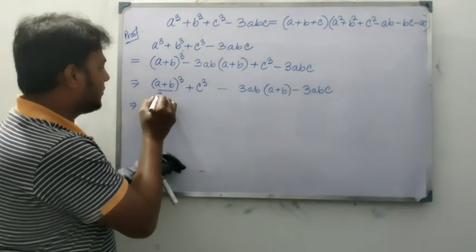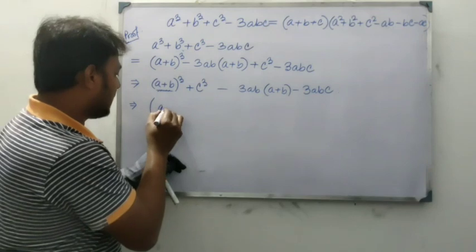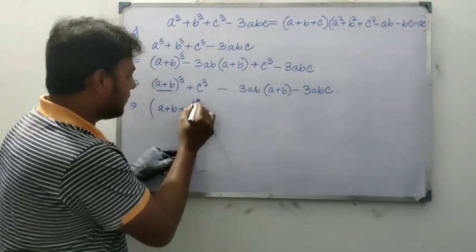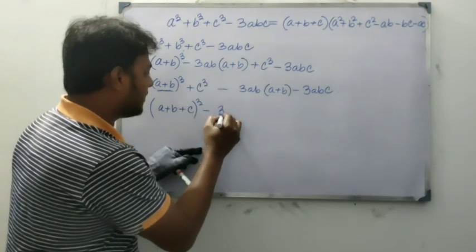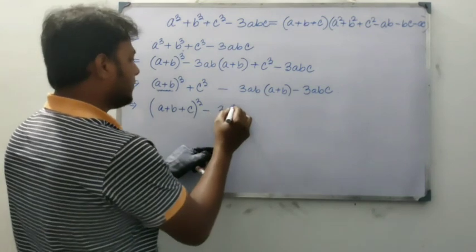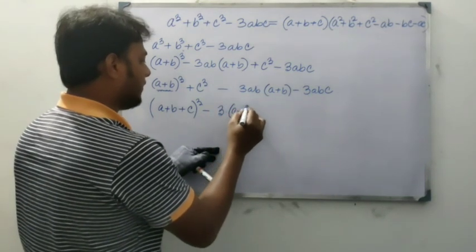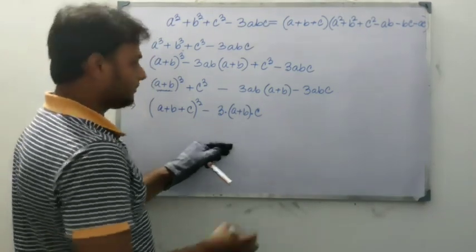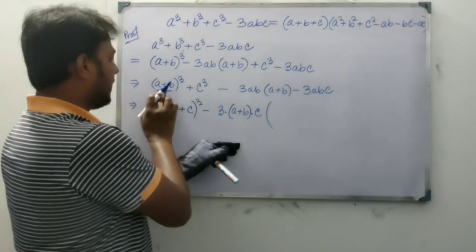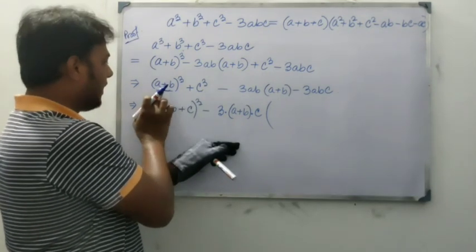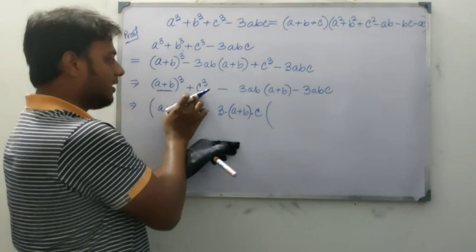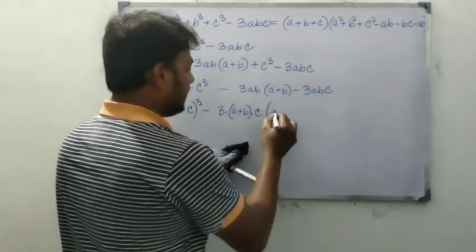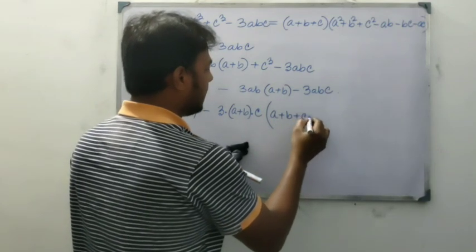So this is our first one, plus c whole cube, minus 3abc. 3abc means 3 into, this is our a and this is our c, into a plus b. Here a means a plus b and b means c. Just using here a cube plus b cube, it will be a plus b plus c again.